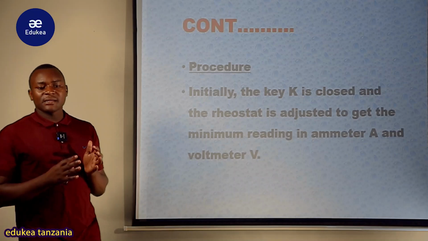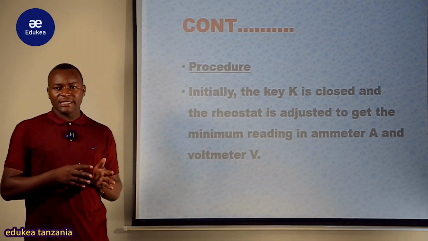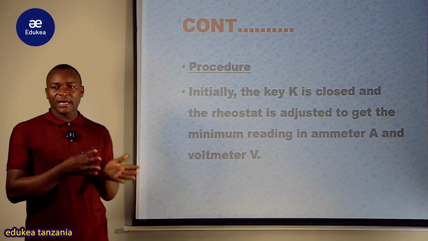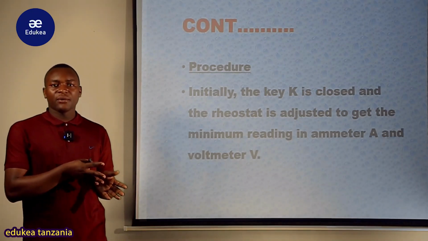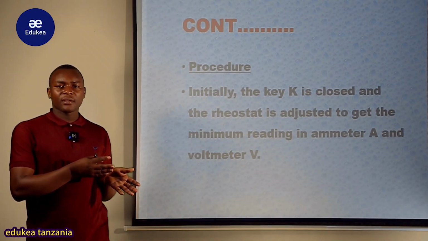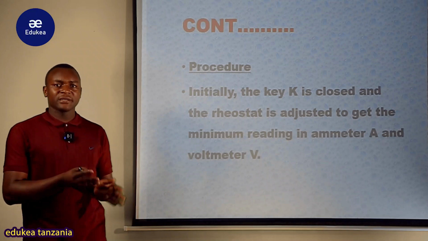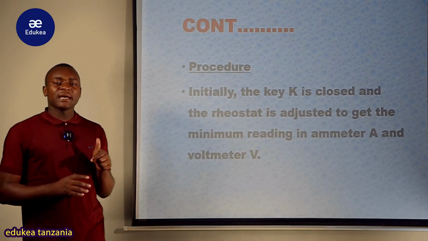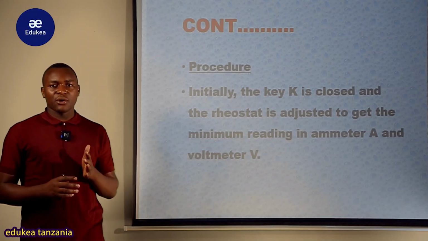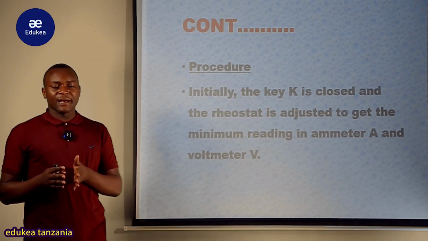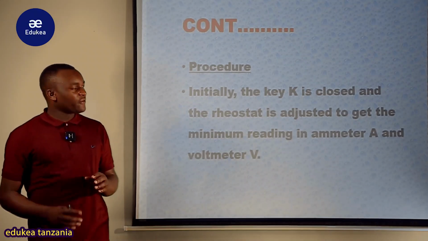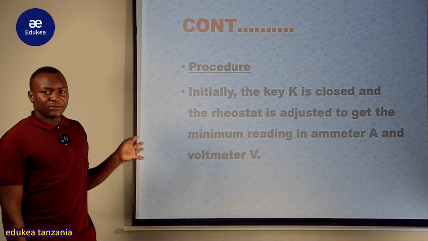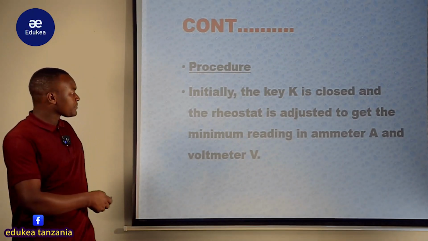Because resistance will not vary, it is a constant, but we can get the variation of the current together with the voltmeter reading by varying the rheostat. The rheostat is a varying resistance, so we get readings of the value of current as well as the value of the voltage. So initially you have to close your key as we saw in the circuit.